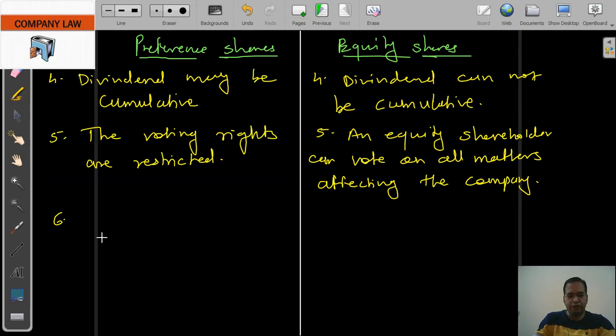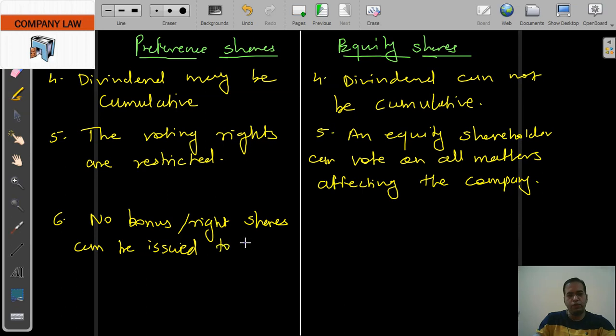Let's try to understand. No bonus or right shares can be issued to preference shareholders. What about here?